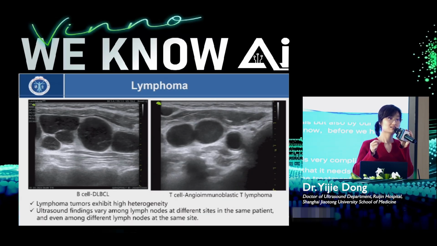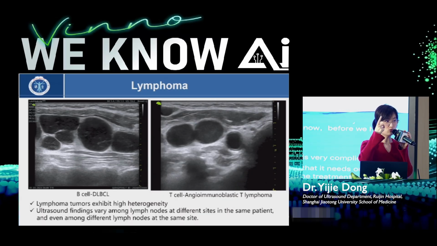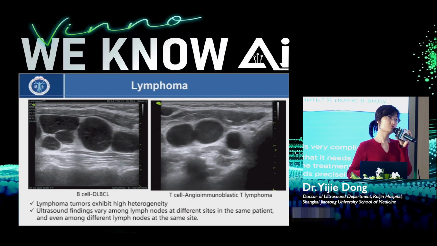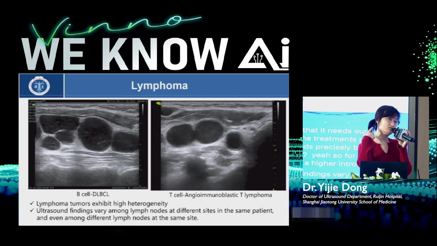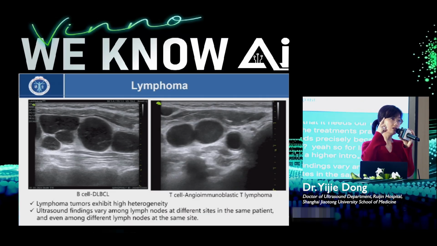Even in one patient, different sites of lymph nodes can have different biopsy results. Even in the same part, for example, our cervical large lymph nodes here, each lymph node might have different biopsy results.